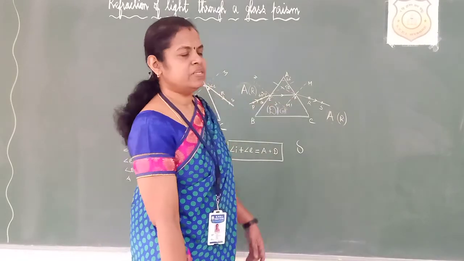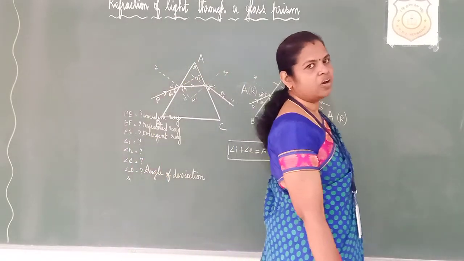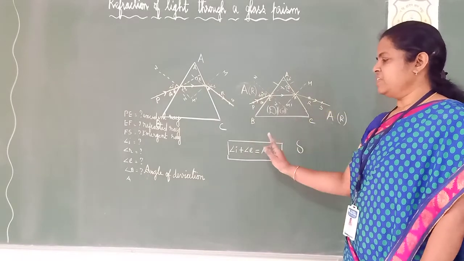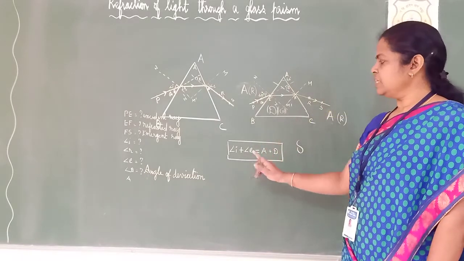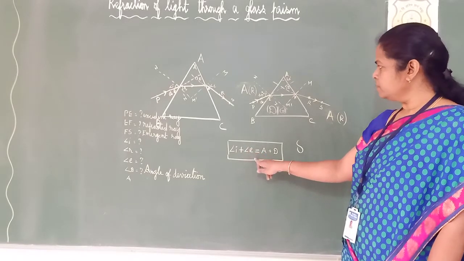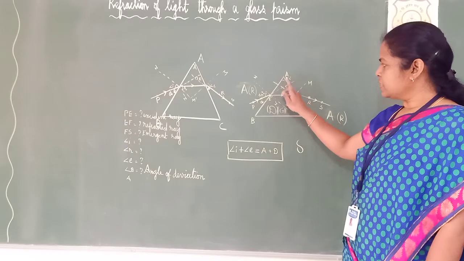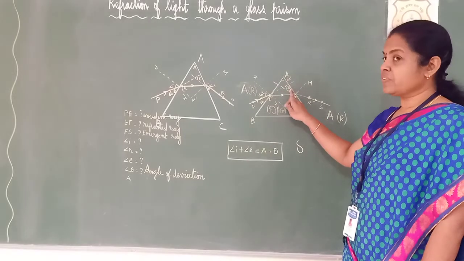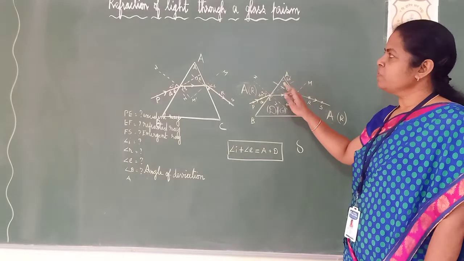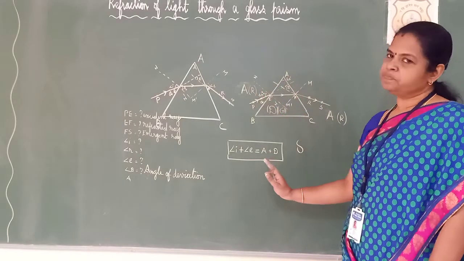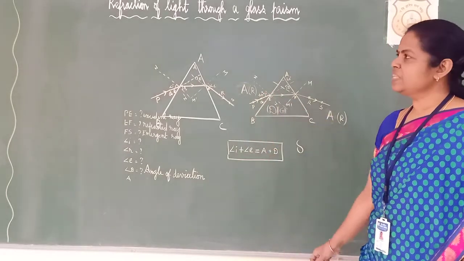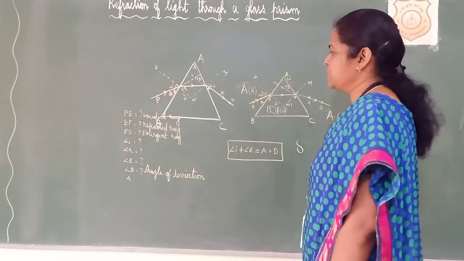You can mention it as angle of deviation or delta. So at last you will come to know that angle of incidence plus angle of emergence is equal to angle of prism plus angle of deviation. With the help of an activity, we will check whether we are getting the same. So this is how we should study how refraction takes place with the help of a glass prism.